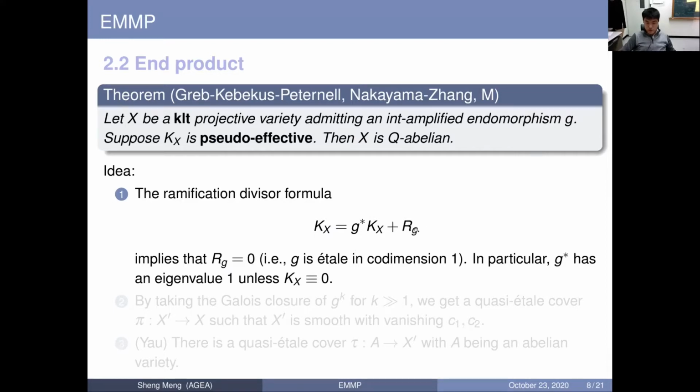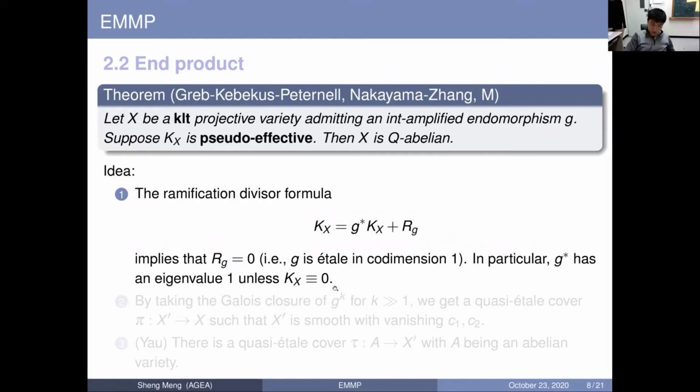So by removing this R_g, we see that K_X equals g pullback of K_X. So in particular, we find an eigenvector, which is K_X with eigenvalue 1. However, we know that g is int-amplified. As we see, the pullback has all eigenvalues with modulus greater than 1. So this is not possible unless K_X itself is trivial. So it is not an eigenvector.